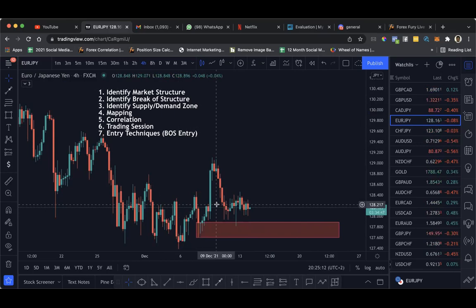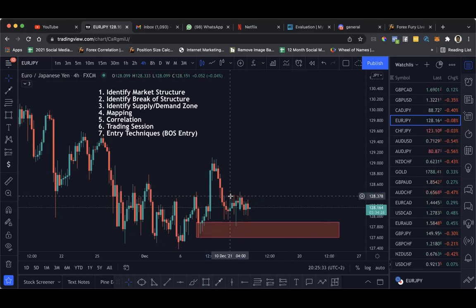On the lower time frame, we've identified that an uptrend has been printed. Step 2, identify break of structure. This right here is our break of structure zone. Step 3 is to identify a supply or demand zone, in this case a demand zone below the break of structure.